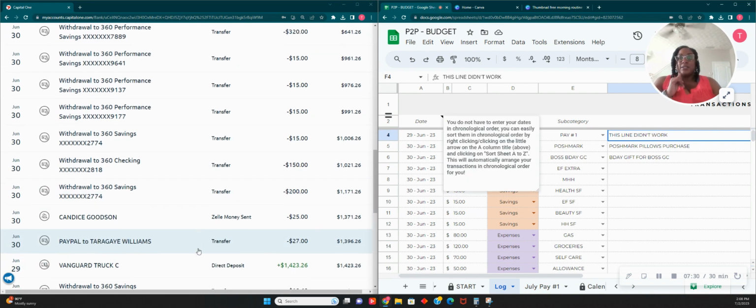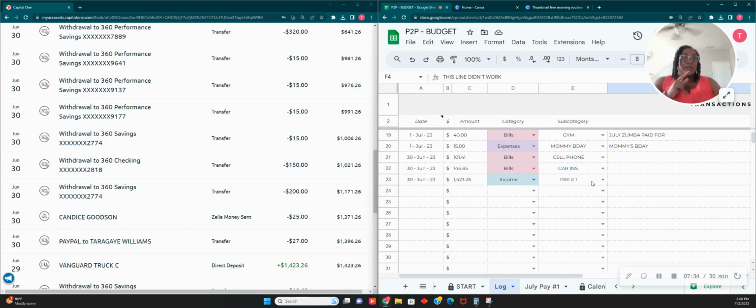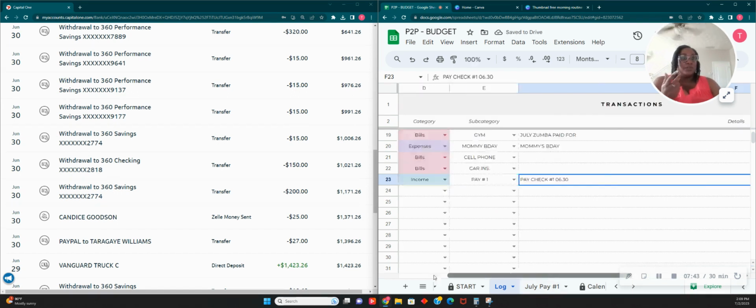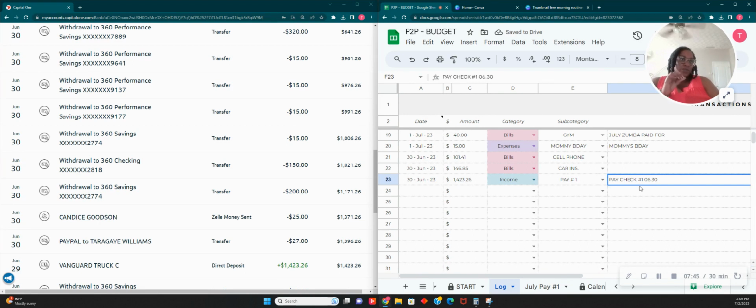So this is where our check starts. So we got 1423.26, and you'll see I put it down here because the first line didn't work. This is paycheck number 1 from June 30th. You can actually leave transactional detail notes, which I really like because I used to do my little note section. So this is going to be that for me. So paycheck 1 is 1423.26.